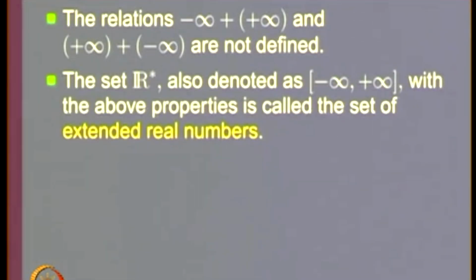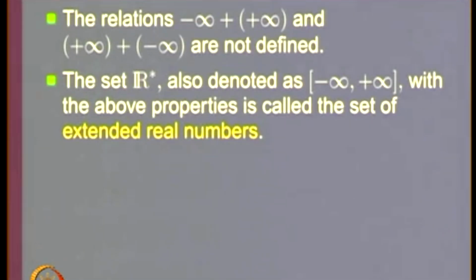So with these rules we get the set R star of extended real numbers, which is also denoted by square bracket minus infinity comma plus infinity square bracket. Just as the real numbers are denoted by the open interval minus infinity to plus infinity, if you close it on both sides, that is the notation used for extended real numbers.